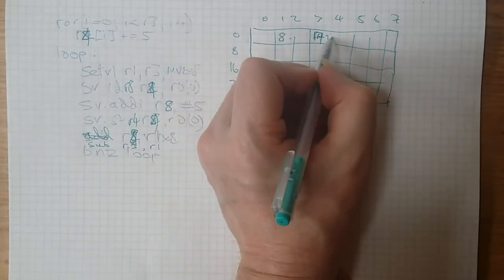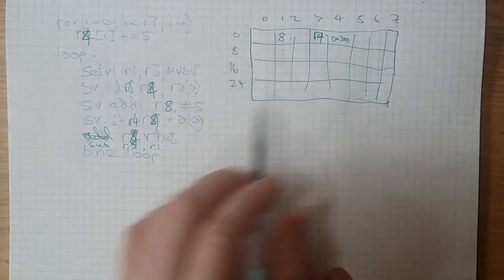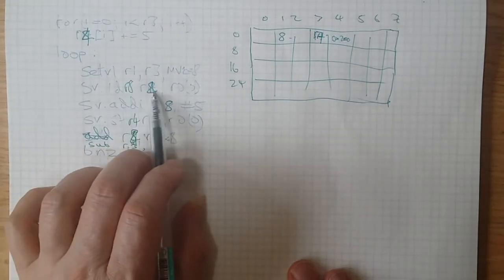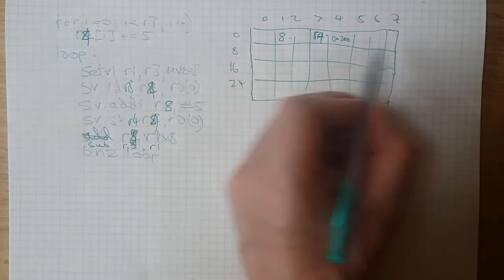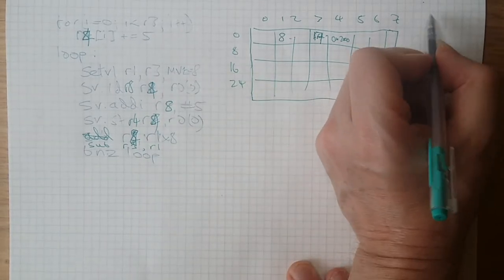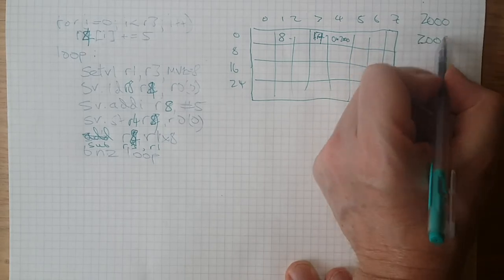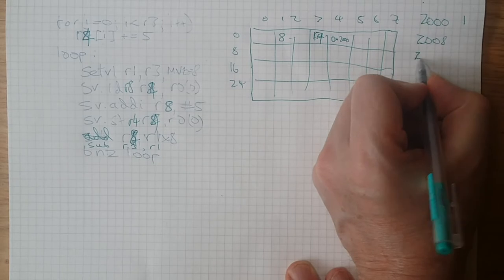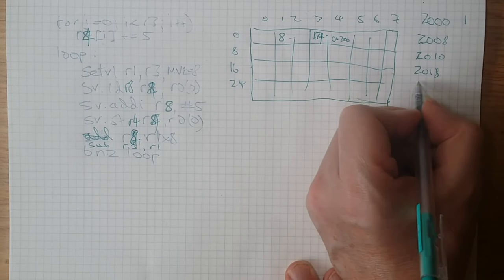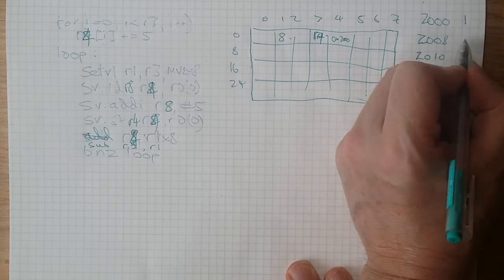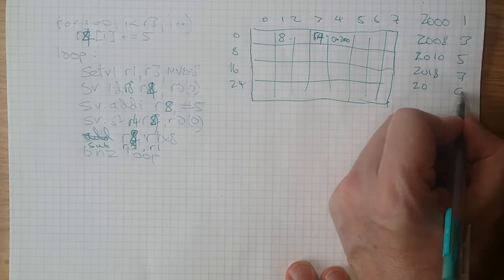All right, so let's see. This is 0x2000. This load from R4 into R8, you will end up with the values at memory location 2000. Let's say we've got addresses 2000 and 2008, with the value 1, then 2010 and 2018, in hexadecimal. Let's say we've got the values 1, 3, 5, 7, 9, just because.